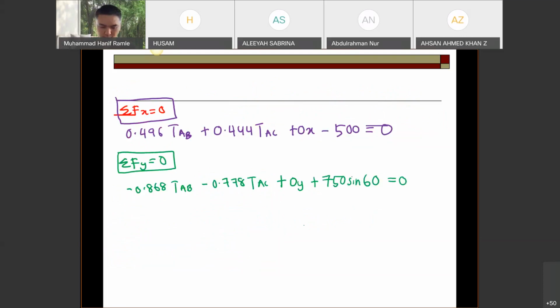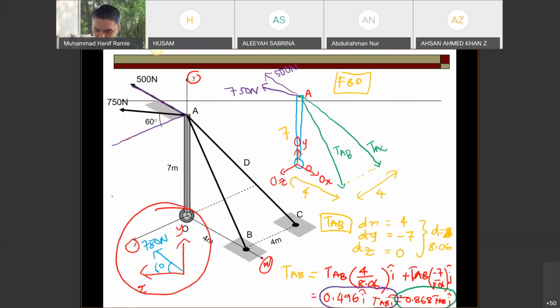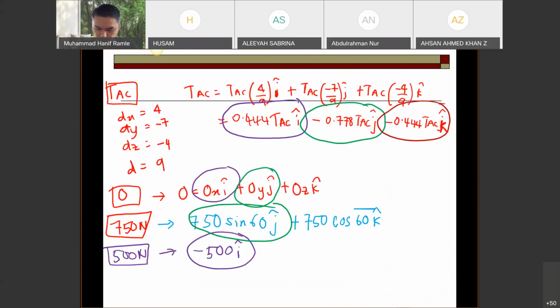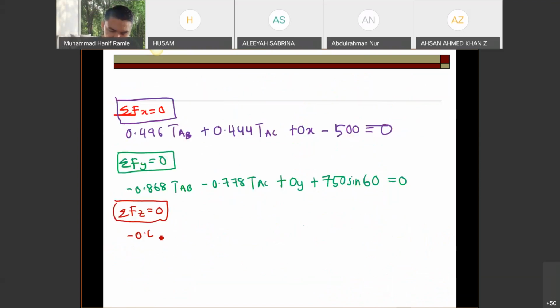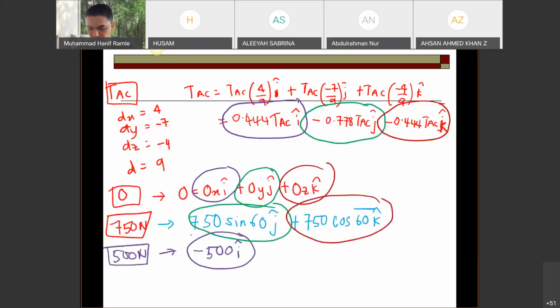The last one is the Z component. No Z component for TAB; for TAC we do have this one and this one, only 3. Minus 0.4444 TAC, and then plus OZ, 750 cos 60.